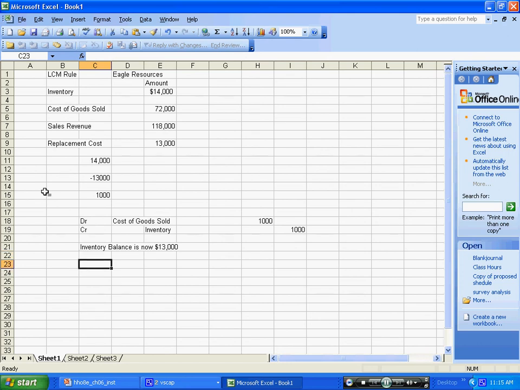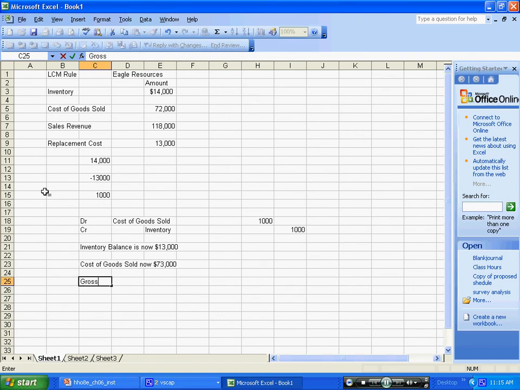So under the income statement, we would have Eagle Resources income statement for the year ended December the 31st of 2006. Sales revenue would be for $118,000. Cost of goods sold is $73,000. So the gross profit is $45,000.